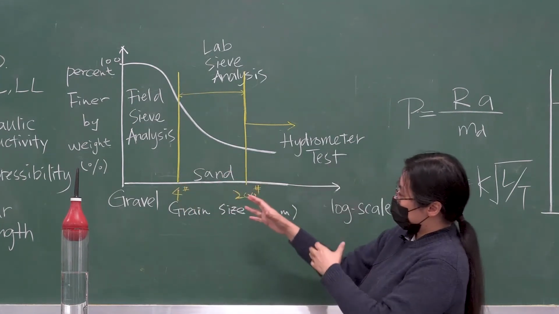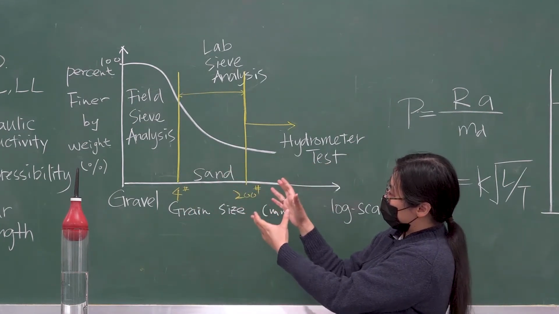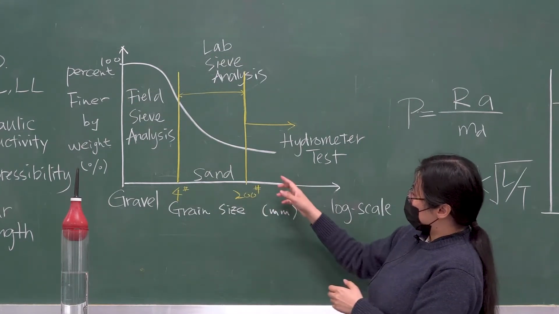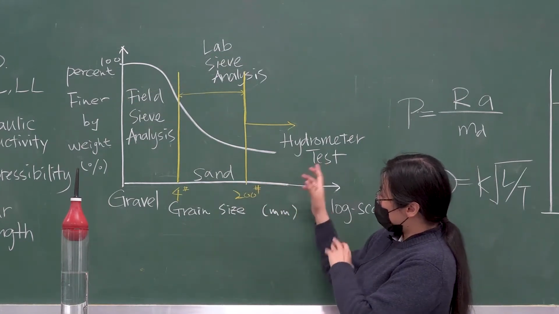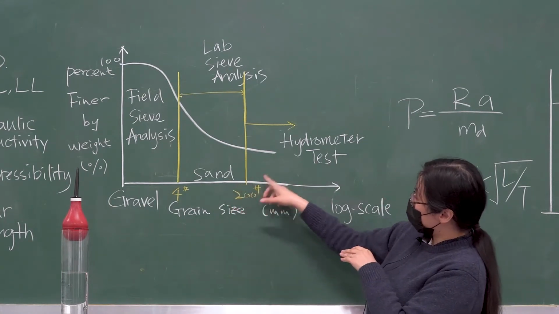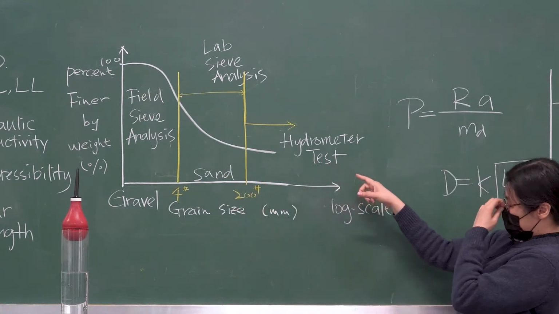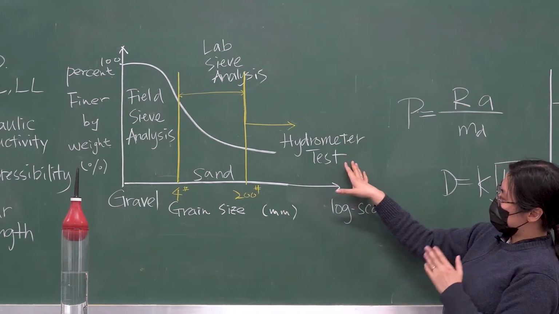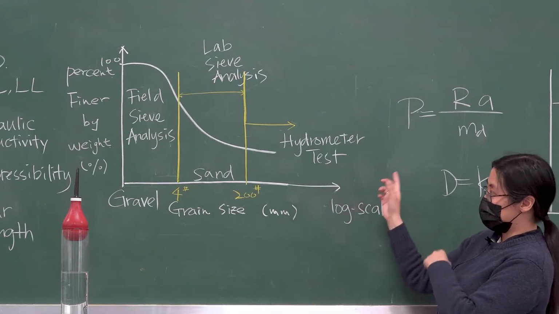Basically, isolate the sand particle parts from the specimen, and then for the particles that are finer than the sand, we will use the hydrometer test to determine the distribution. For the hydrometer test part, you are going to do it today.